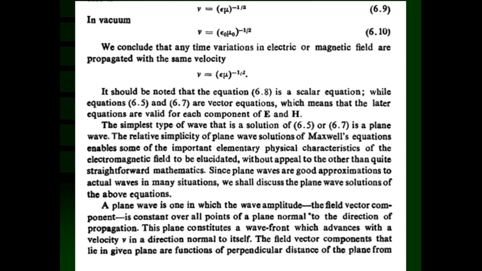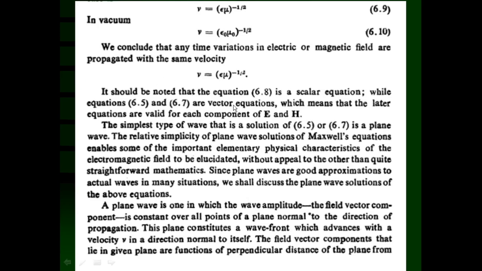Now consider that electric field and magnetic field are vector quantities, whereas psi was a scalar quantity. So equation 6.8 was for the scalar quantity, and equations 6.5 and 6.7 are vector equations, which means the latter equations are valid for each component of the electric and magnetic field, because they are vector quantities.